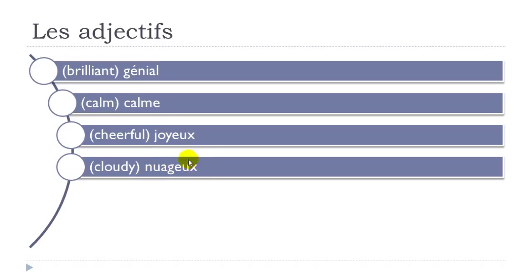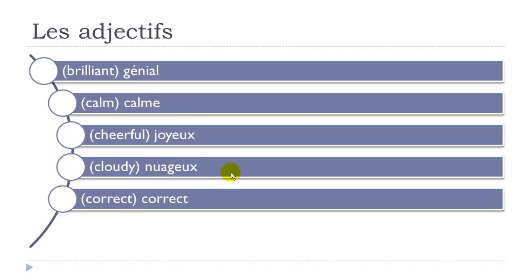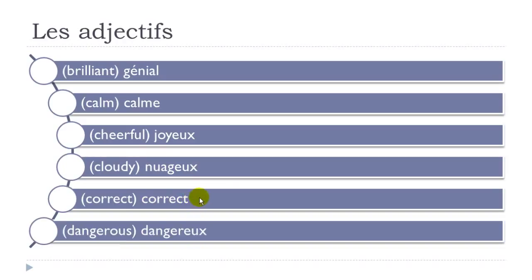Nuageux. Final X not pronounced, and then G-E-U, je. Nuageux. Correct. Dangereux. Okay, so final X not pronounced, and then don't really pronounce this here. Dangereux.